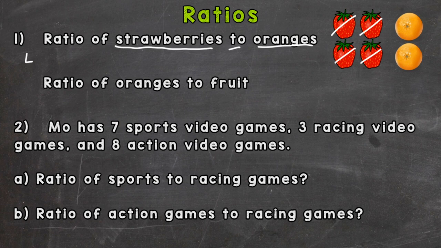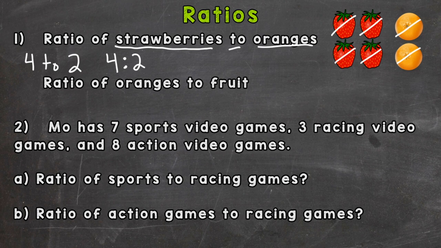So we have 4 strawberries to how many oranges? Well, 1, 2. So 4 to 2 is one way we can write a ratio out. We can also use a colon. So we could say 4 colon 2. And that just means 4 strawberries to 2 oranges.